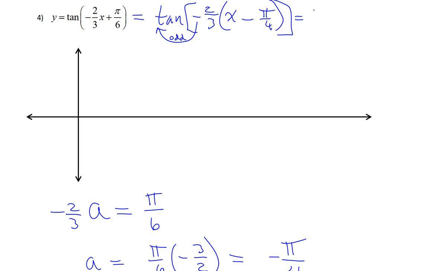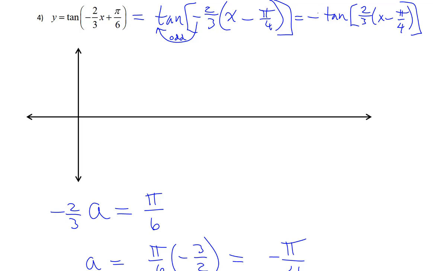But this is the same thing as negative tangent of 2/3 times x minus pi over 4. So that's all that changed. We can just rewrite it that way with the negative there. It just simplifies what's going on.